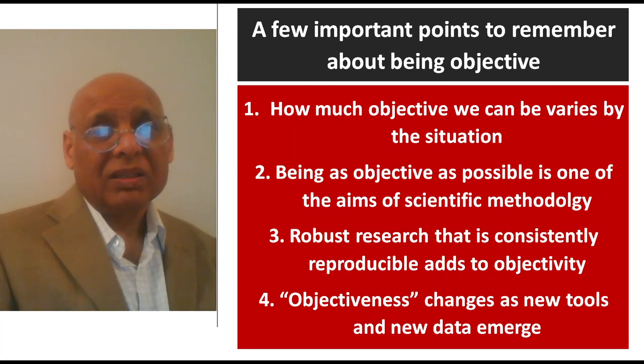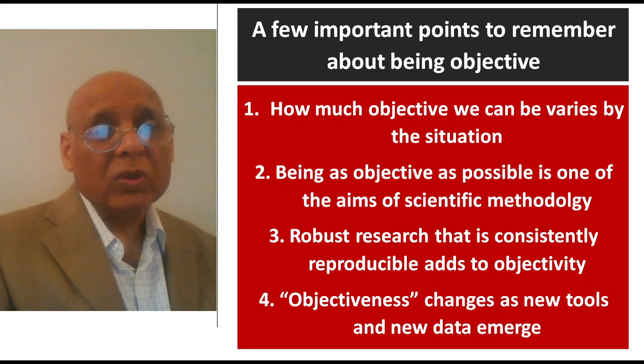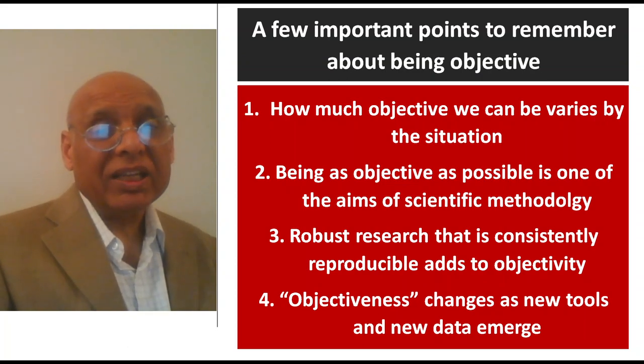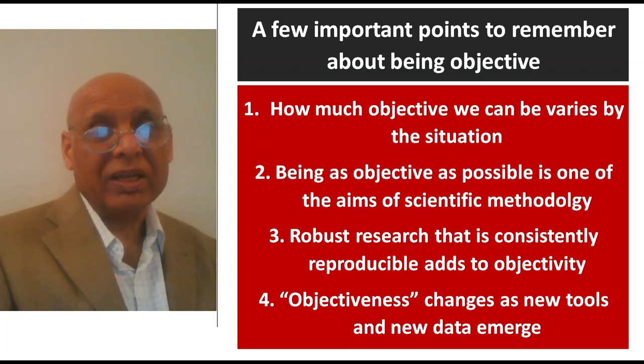First of all, how objective we can be varies by the situation. So there will be situations where there is some literature, but the literature is not enough because studying those matters is very complex. So we have not been able to really accumulate much scientific data about it.